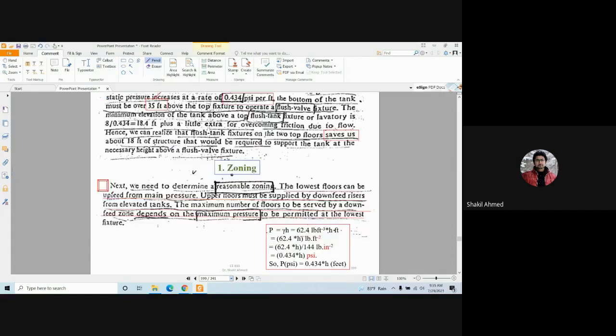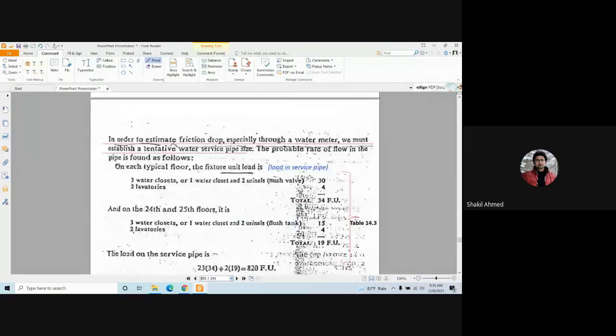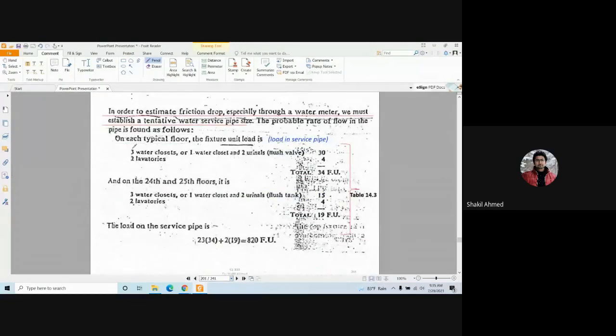That means in each floor you can go for three water closets or one water closet, two urinals, this or this plus this. That means in each floor you have to provide this and any one from this or this.